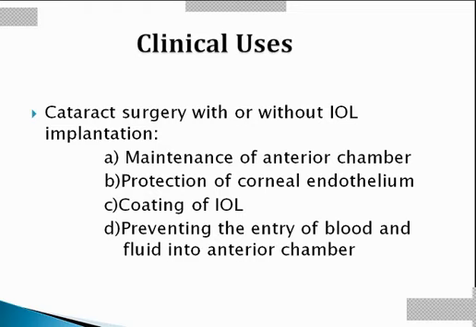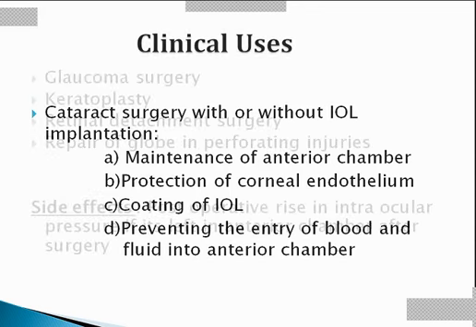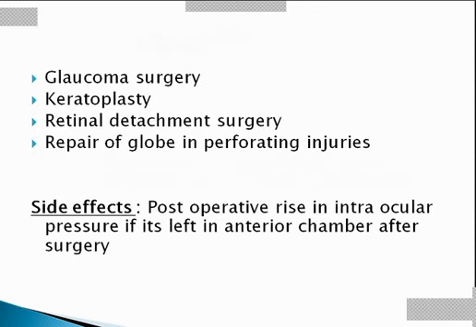It causes pressure over the iris and the blood vessels, and it will stop bleeding, so that the surgeon can perform surgery easily. Next, it is also used in glaucoma surgeries, keratoplasties, retinal detachment surgery, and repair of the globe in perforating injuries. In any intraocular surgery, we should use viscoelastic to maintain the globe integrity and to protect the tissues.